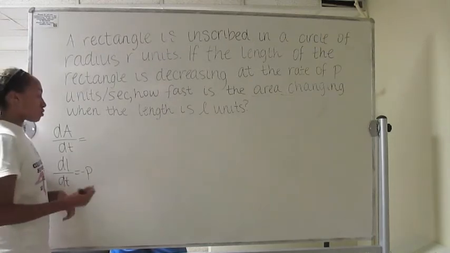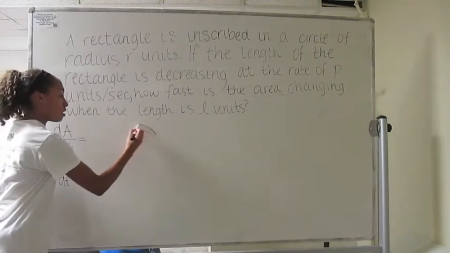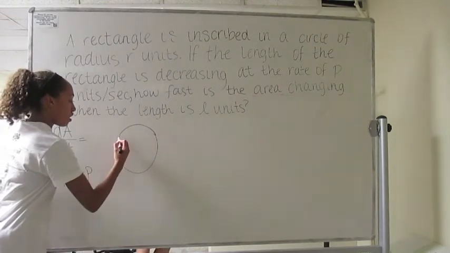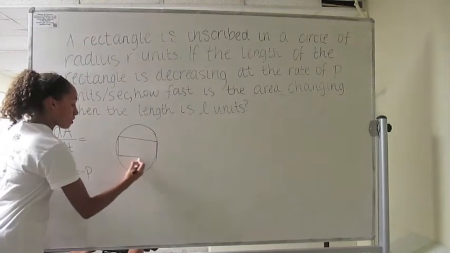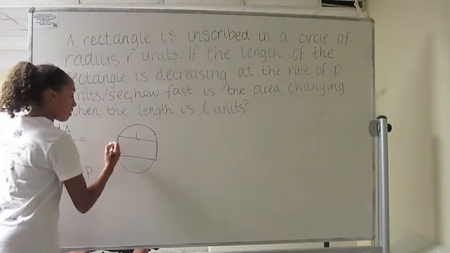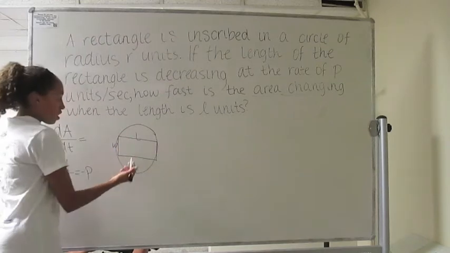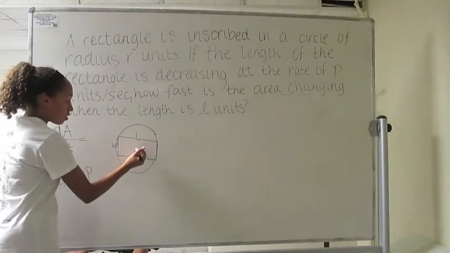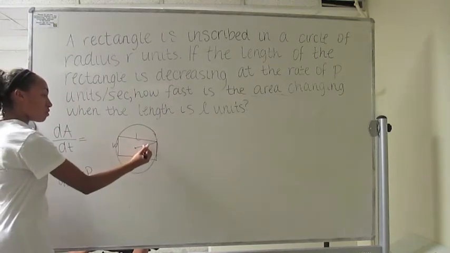So basically, first we need to draw the picture of what is going on. So it's a circle, and inside the circle is the rectangle. The length of the rectangle is L, and then we're going to call this other side of the rectangle W. The radius of the circle goes to the corner of the rectangle.